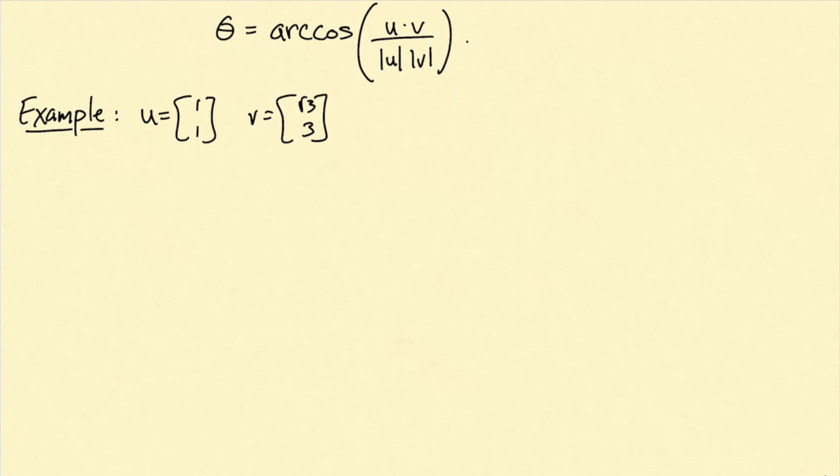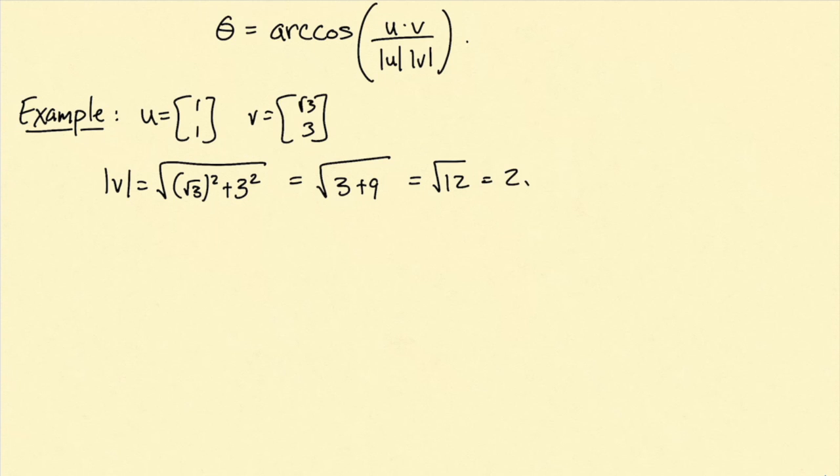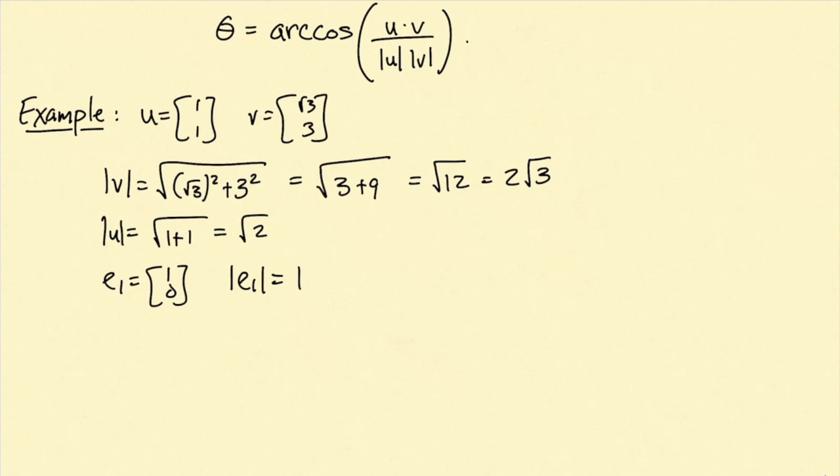So first off, we're going to compute the norm of v and the norm of u. The norm of v is the square root of 3 squared plus 3 squared, which gives us 12, or twice the square root of 3. And the norm of u is the square root of 2. We're going to use the unit vector e1, which points in the x direction.